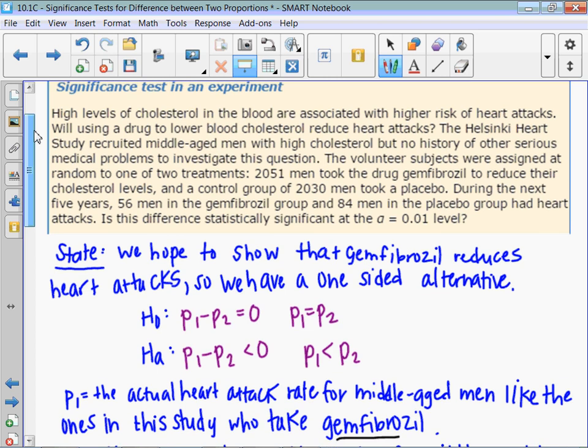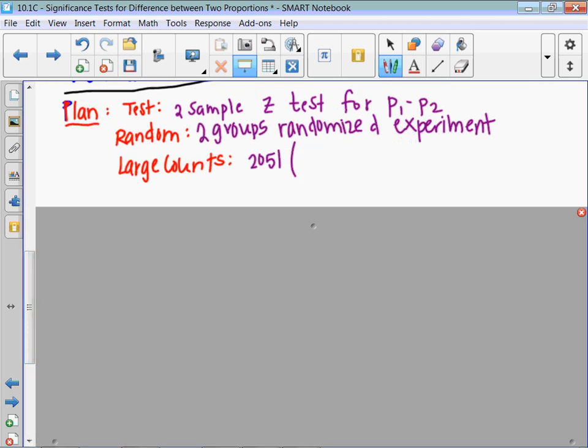We had 56 out of 2051. Just like before, these are going to cancel, and we get 56. The other number we're looking for is just 2051 minus 56, which is 1,995.